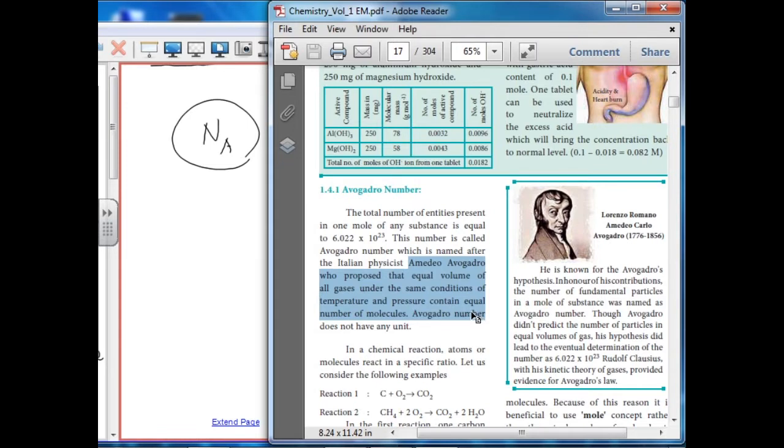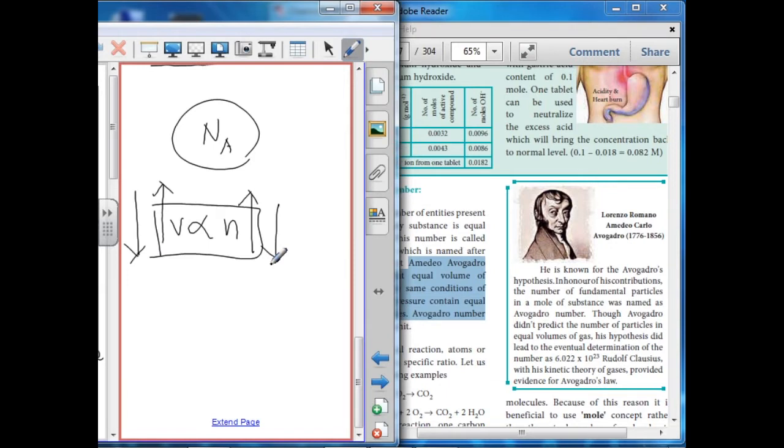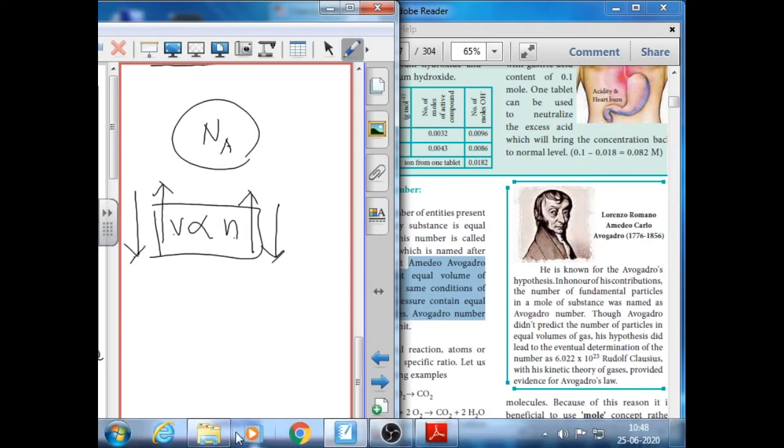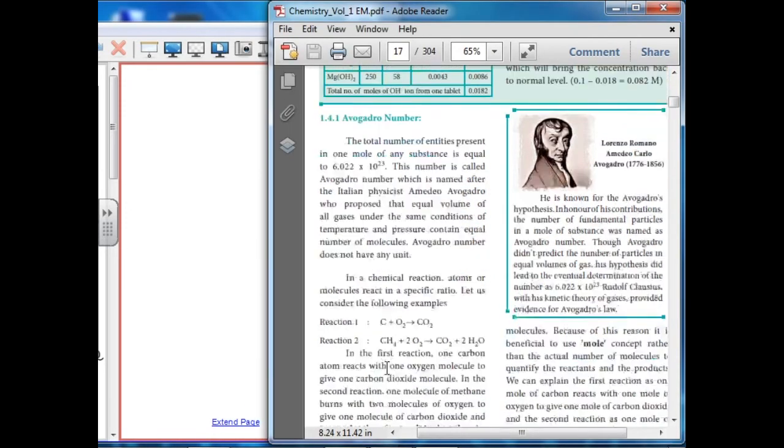So Avogadro law: V is directly proportional to n. That means volume increases, number of moles increases. Volume decreases, number of moles decreases. In chemical reactions, atoms or molecules react in specific ratios.